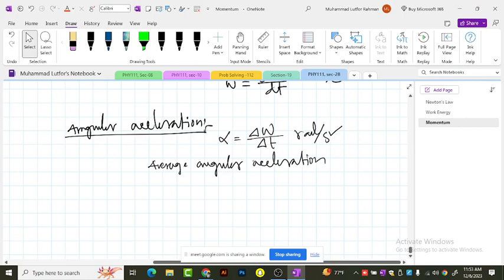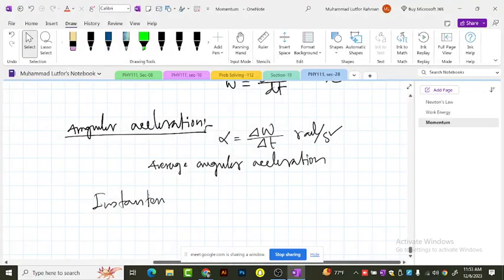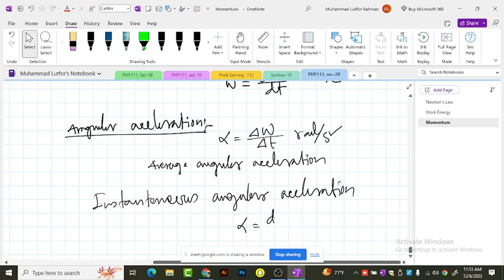Now, the instantaneous angular acceleration: alpha is d omega over dt, which means we have to take the derivative of the angular velocity function.